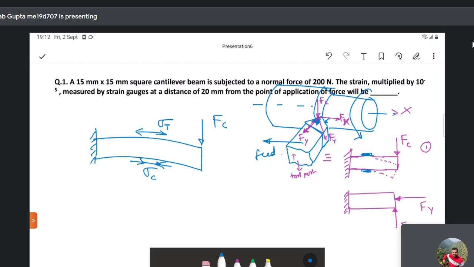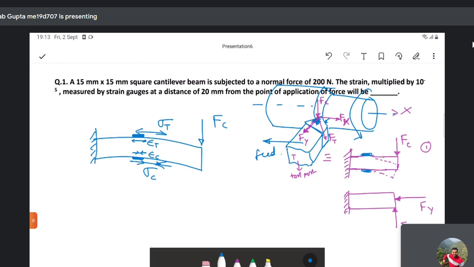So due to this tensile stress, the strain gauge experiences a tensile strain, which I'm denoting by epsilon t, and the strain gauge placed at the bottom experiences a compressive strain, which I'm denoting by epsilon c.